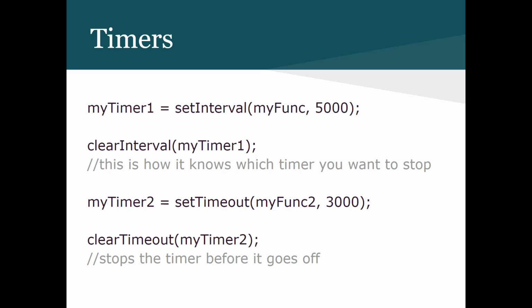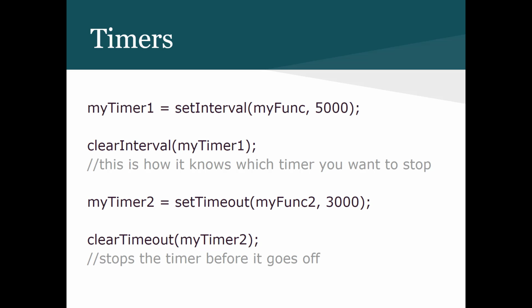Here is another example of timers. In this case, we are storing the timer in a variable. By storing the timer in a variable, we are able to stop them before the time has passed with the clearInterval or the clearTimeout functions. I like to think of these variables storing the value of the timer as kind of a handle for the timer.